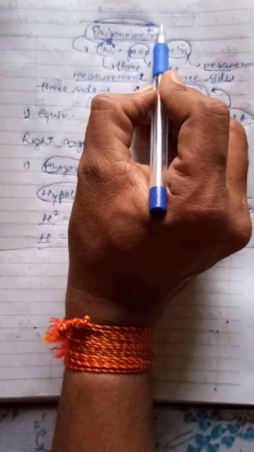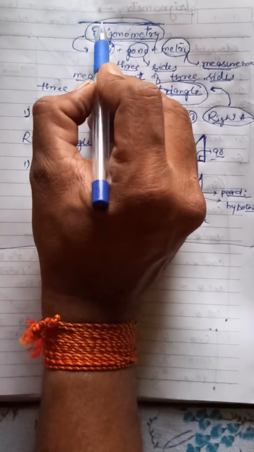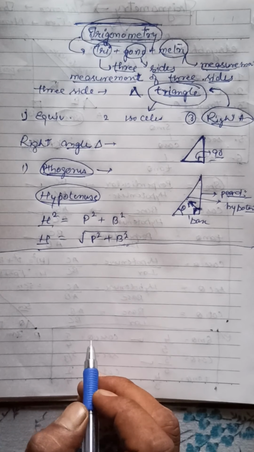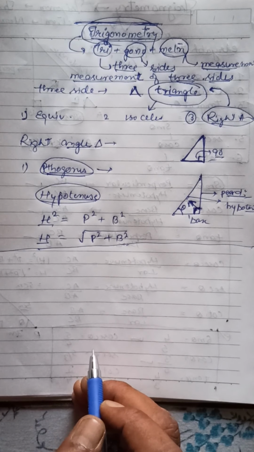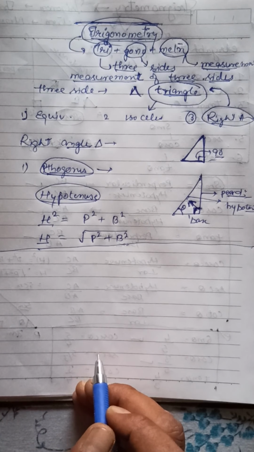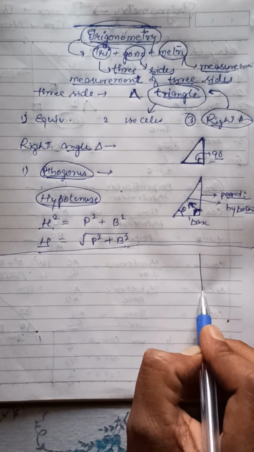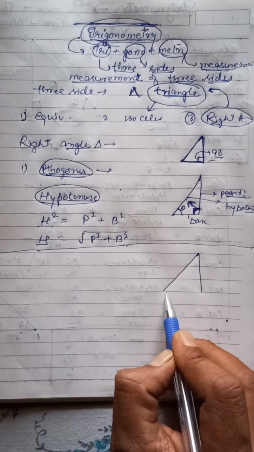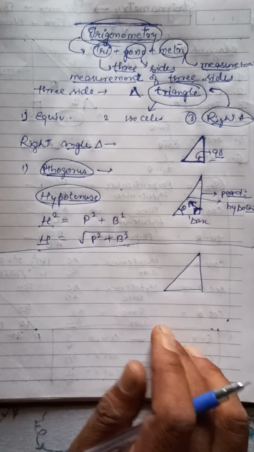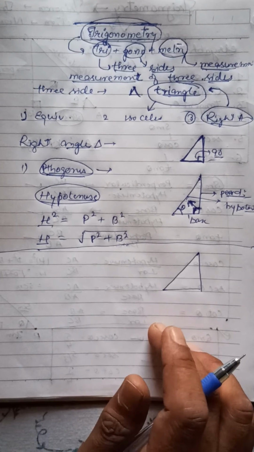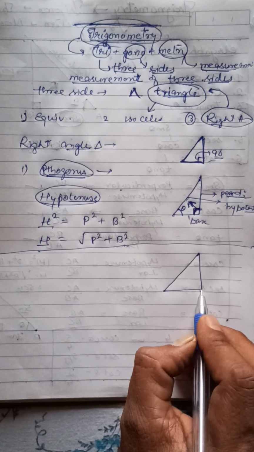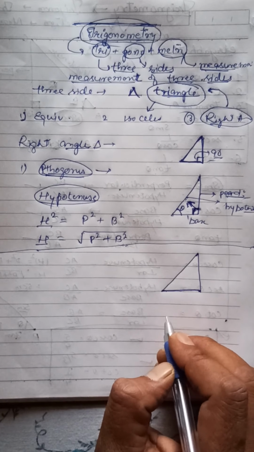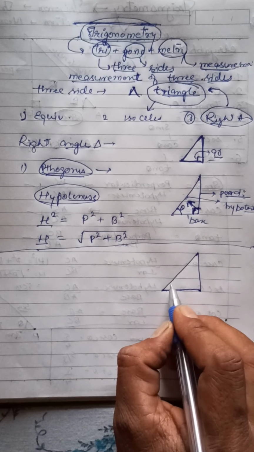The study of the sides, which we can find using the angle, is called trigonometry. Like the Burj Khalifa, the highest building of the world: can we measure it by a scale? No. How can we find how tall it is? We can find it by the angle.